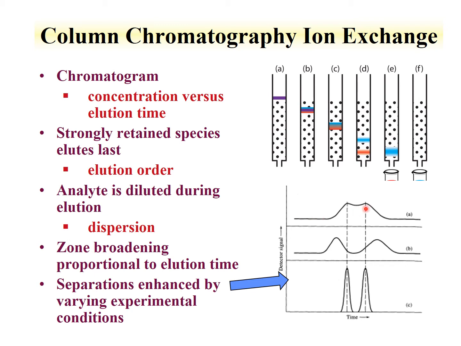For instance, you may have experimental conditions where the two peaks aren't really separable. Changing experimental conditions such as flow rate, or metal ion concentration, or anion concentration can achieve a separation where peaks can be resolved and recovery of an initial mixture obtained.